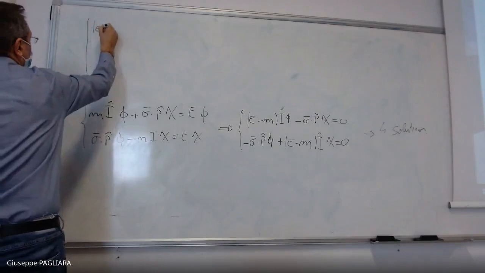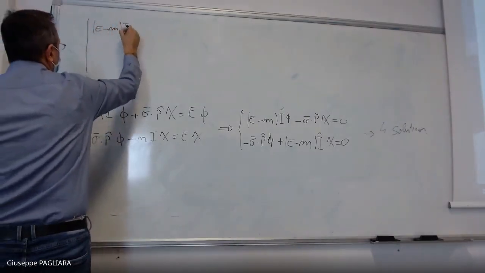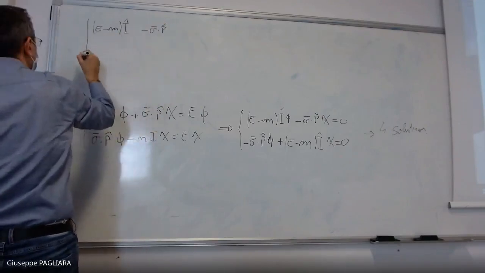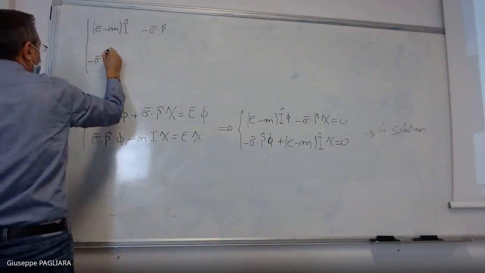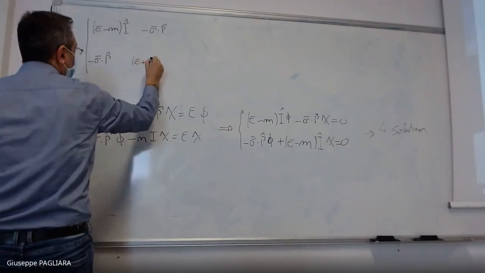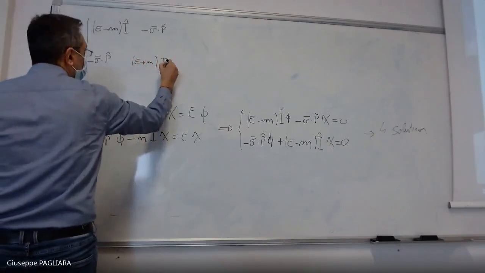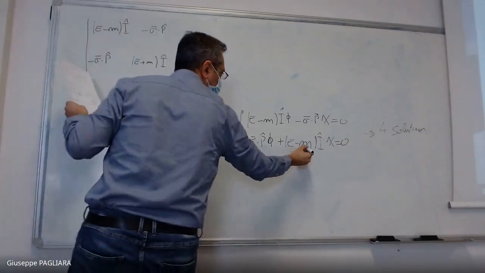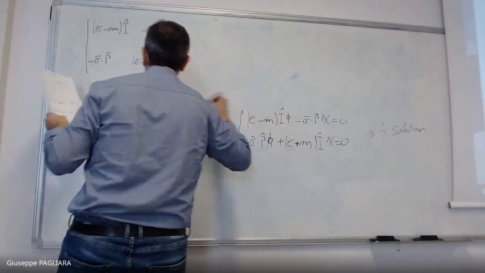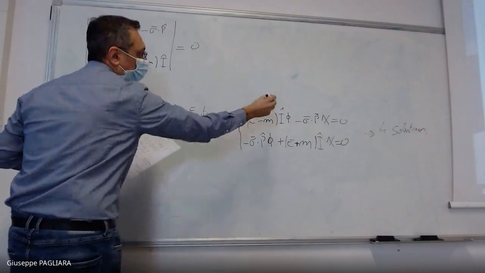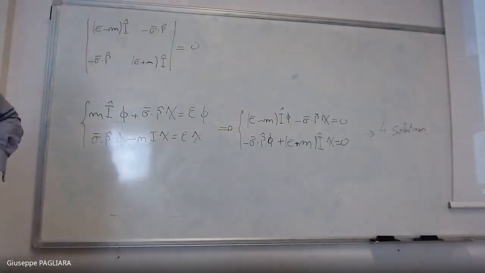E minus m I, minus sigma p, minus sigma p, and E plus m I. This determinant must be 0 in order to have a non-trivial solution from this system of equations.